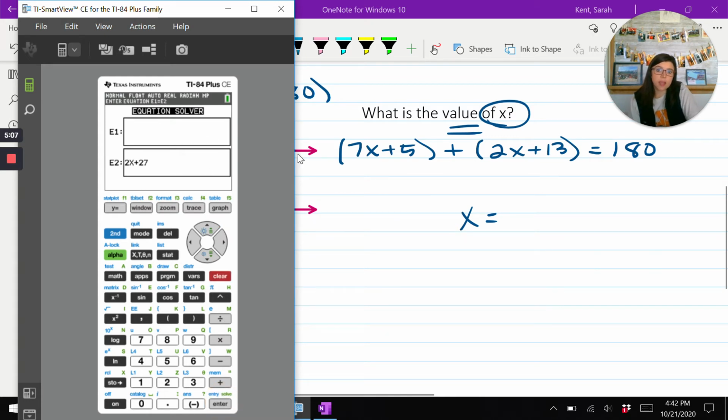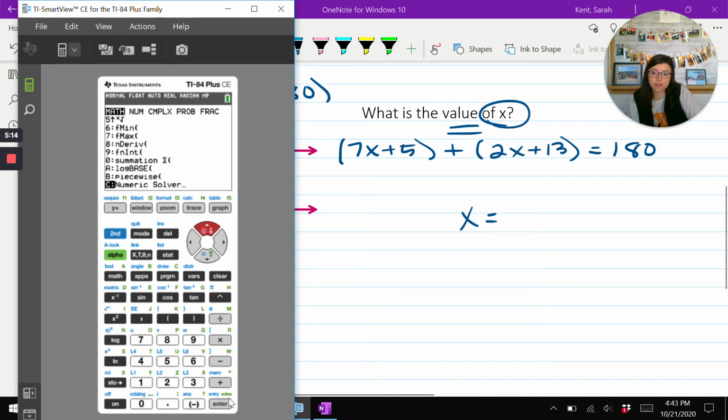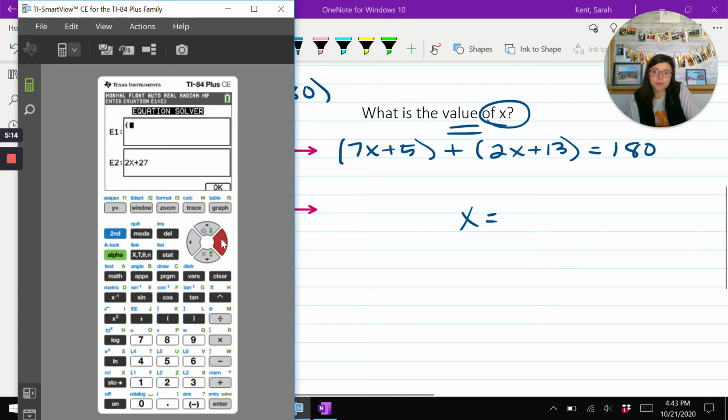So this time on top, I want both of these together. So I want 7x plus 5, and then I'm also going to add the other angle, 2x plus 13.